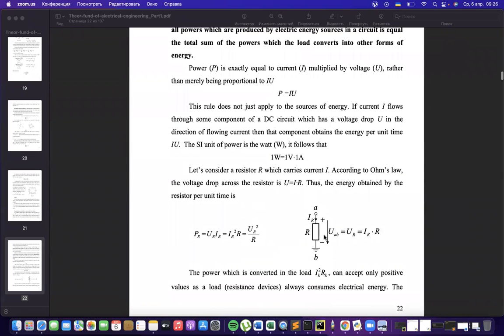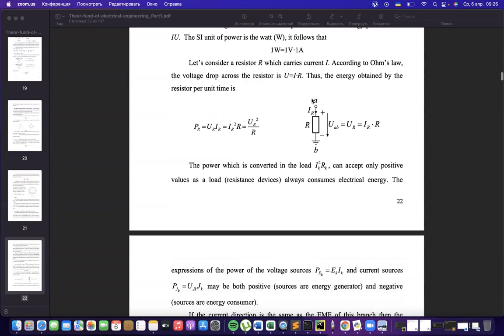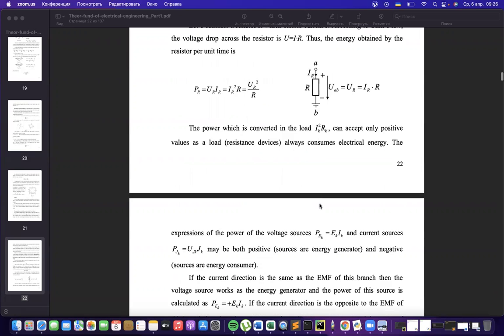Additionally to them, we use the power balance equation, which gives us power, identified as the multiplication of current and voltage. For the consumer, power is always positive. It equals the multiplication of current and voltage, or if we substitute Ohm's law in this equation, we obtain the square of current times resistivity, or the square of voltage divided by resistivity, for any consumer.